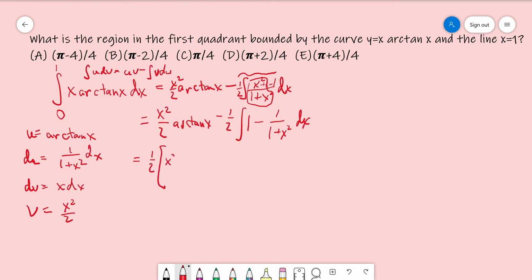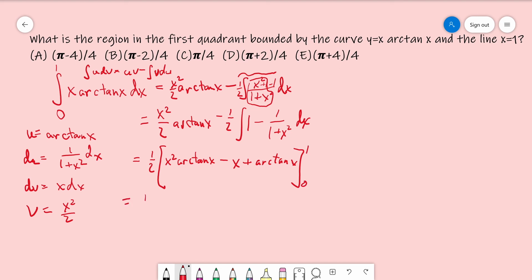And we'll have x squared arctan x minus, now the integral of 1 is just going to be x, and then minus minus is going to give us a plus. And the integral of 1 over 1 plus x squared, well, that's just arctan of x. Okay, and then we're going to evaluate this whole thing from 0 to 1.